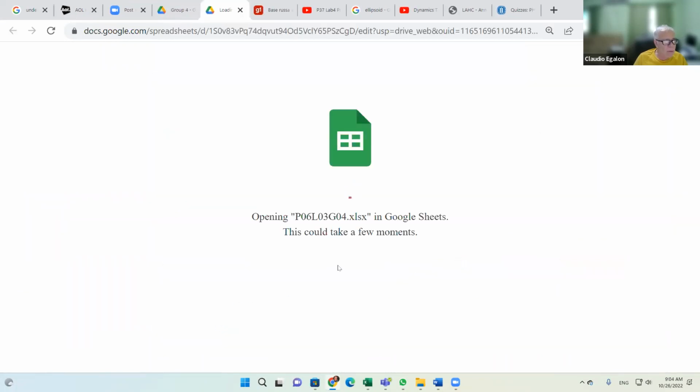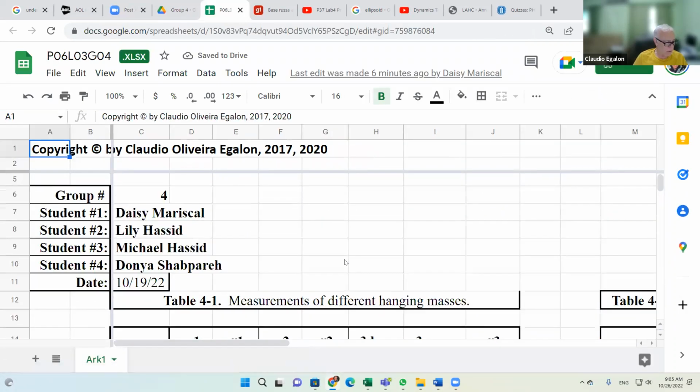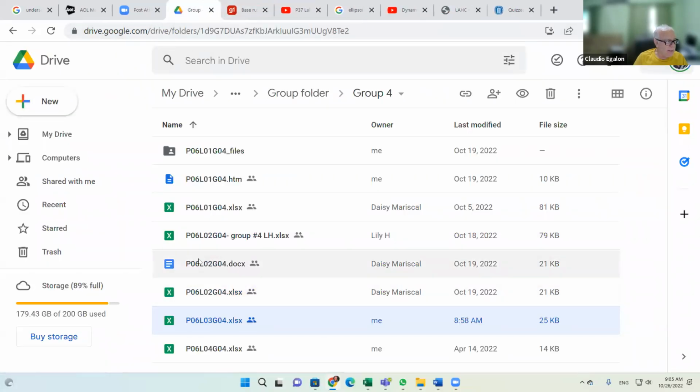Let me check here. Oh yeah, so that's okay. That's good. So this one is good. Now I need the Word document for lab 3. They still have me, Claudia Galon, as the owner of this lab report.